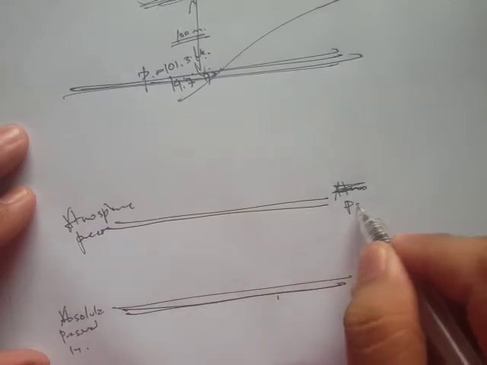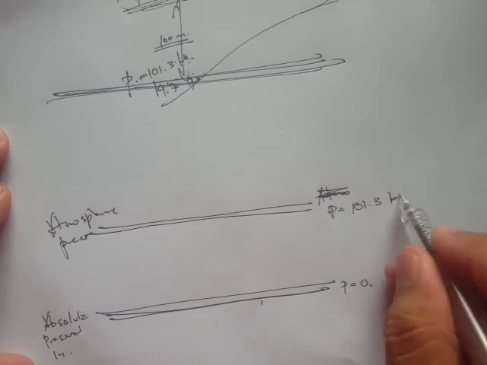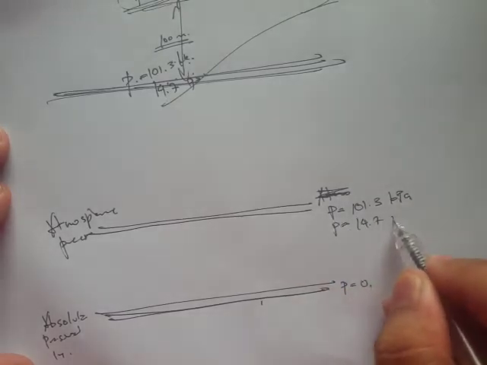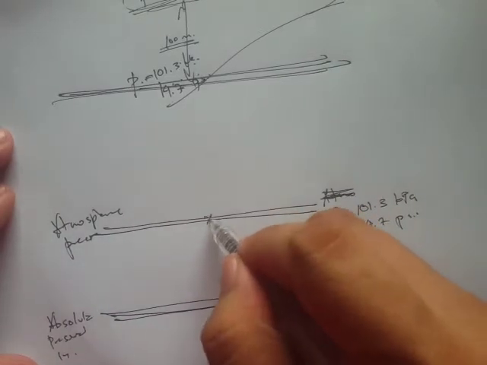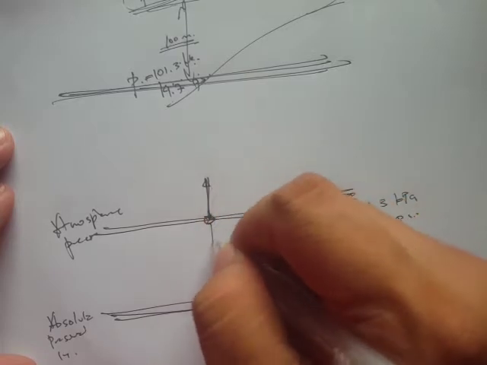So the pressure right here is 101.3 kPa or 14.7 psi. Now, if we measure from this line to somewhere, it can be positive or negative.